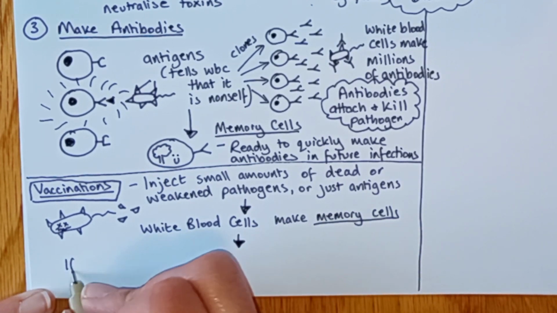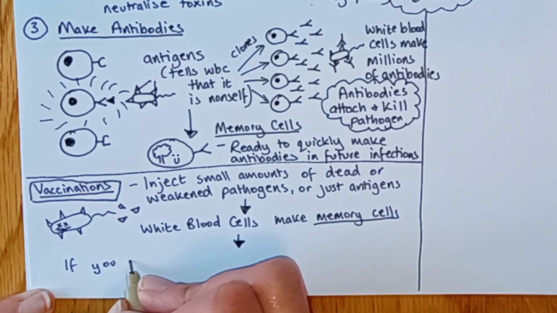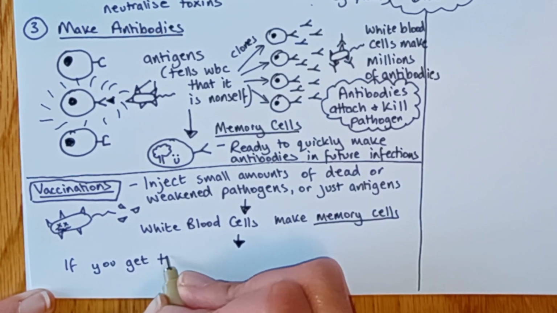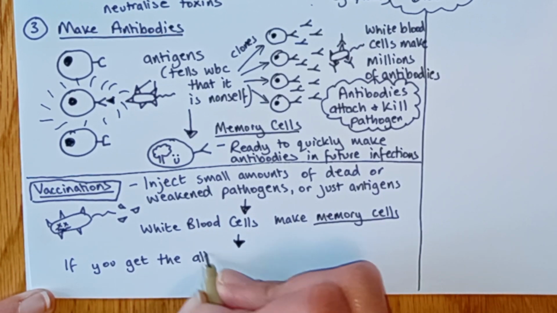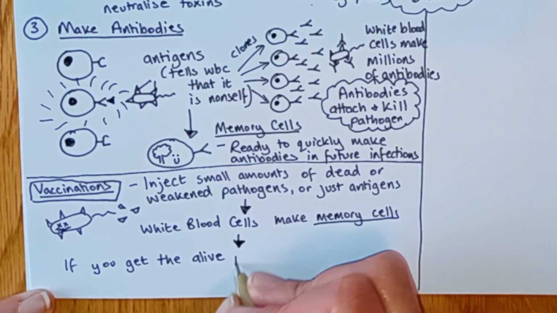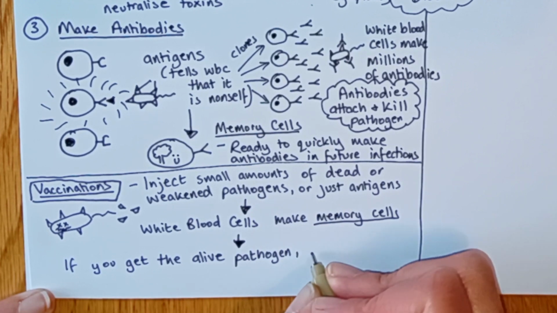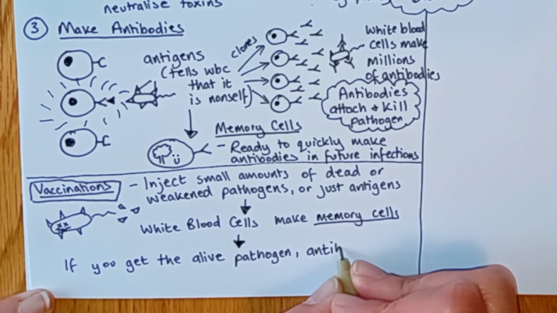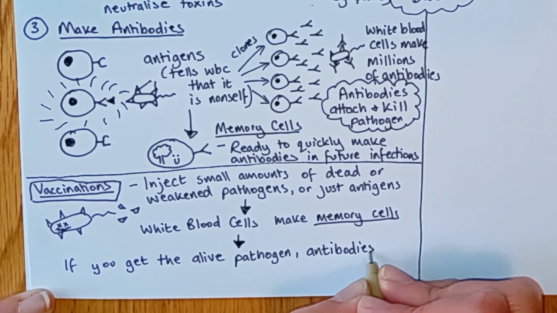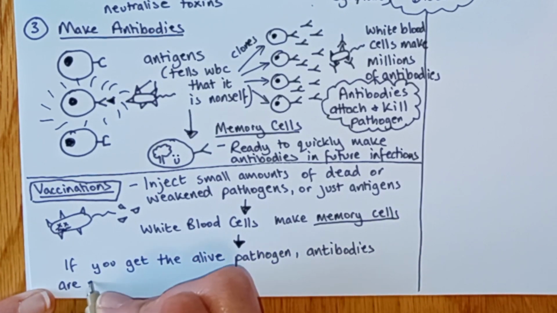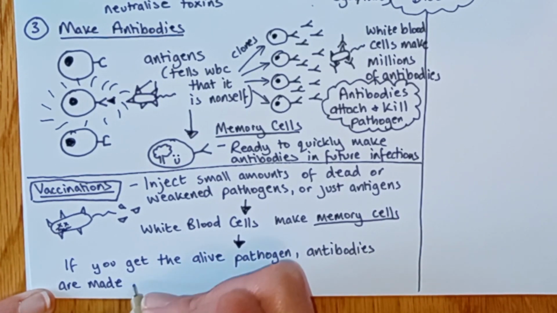So if you get the live pathogen, so the actual disease, antibodies are made much quicker.